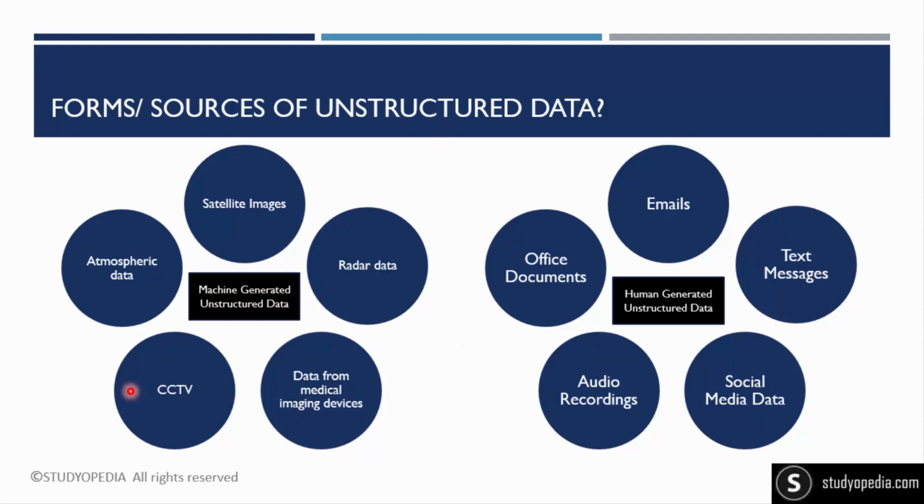CCTV data. Surveillance data is monitored by cops and also by administration, so that they can easily manage the number of people at a particular place to avoid any chaos. So this is very important data.